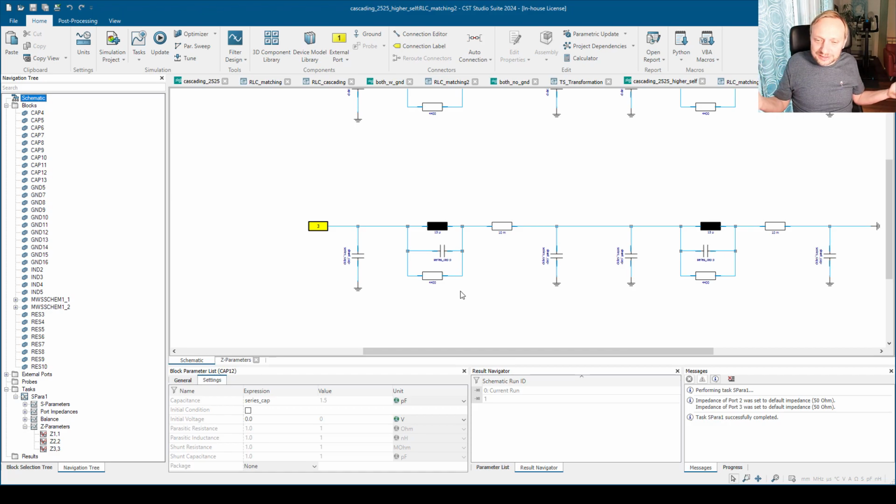So this is the problem. In the first case, it was just sufficient to keep the shunt capacitances simply because the series capacitance of the inductor was small enough that we could neglect it. But to get the full picture, you actually also need the full model, including shunt and series capacitance.